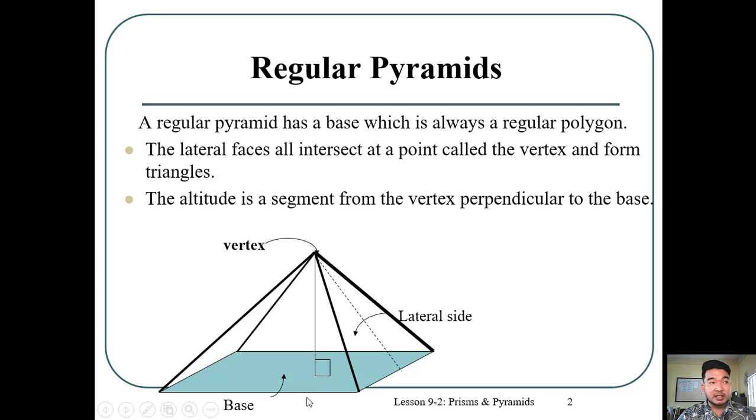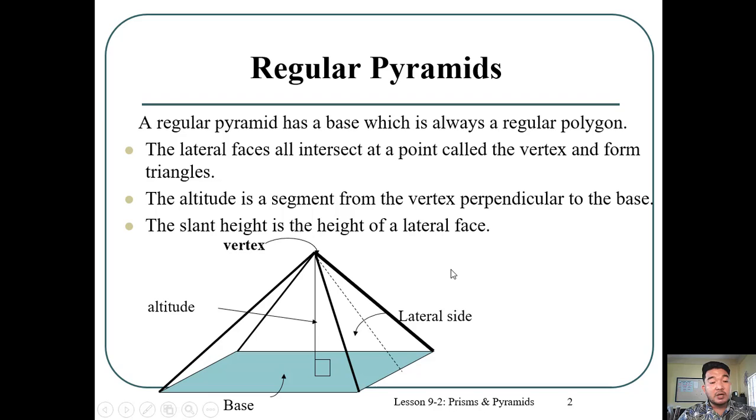This means we can see it inside a regular pyramid. Okay, there we go, the altitude. While the slant height is the height of a lateral face. So take a look at this triangle. Because it is a triangle, of course, it also has a height.